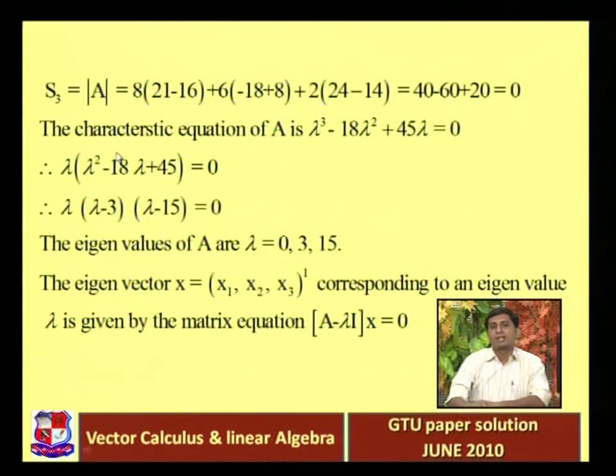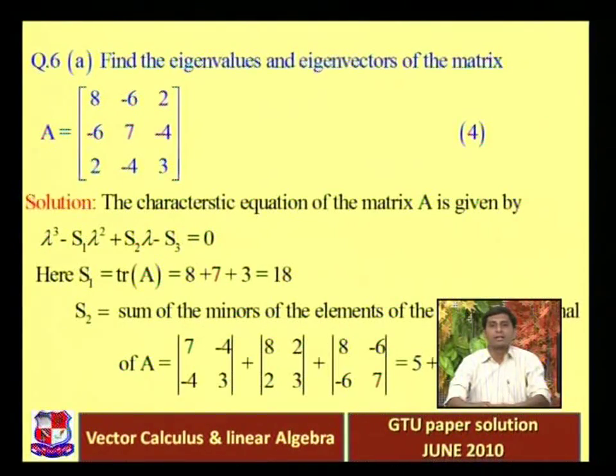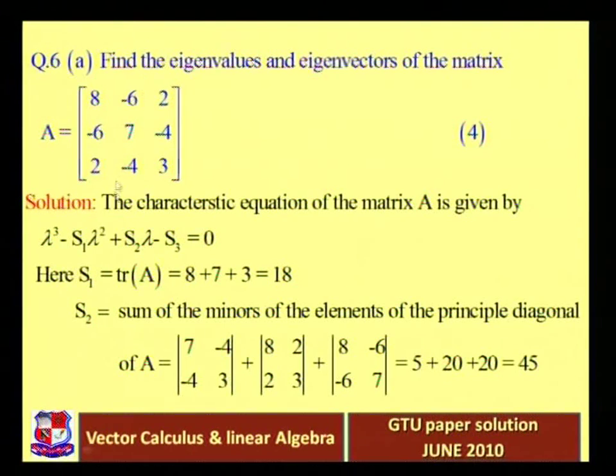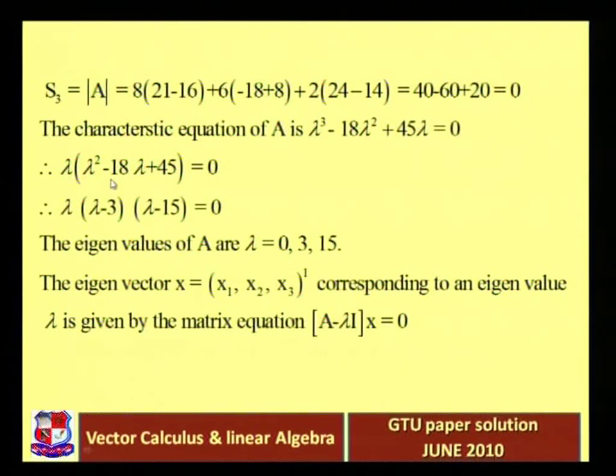Now put the values of s1, s2 and s3 in our main equation. So you will get lambda cube minus 18 lambda square plus 45 lambda equal to 0.